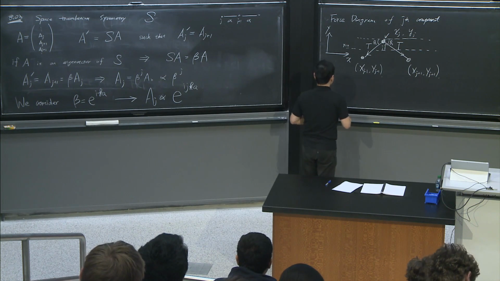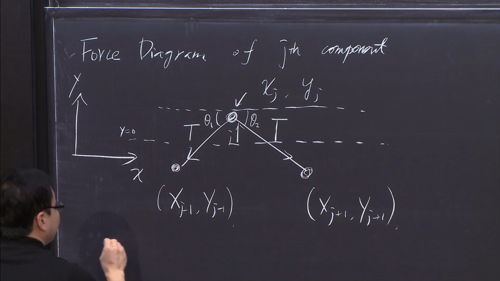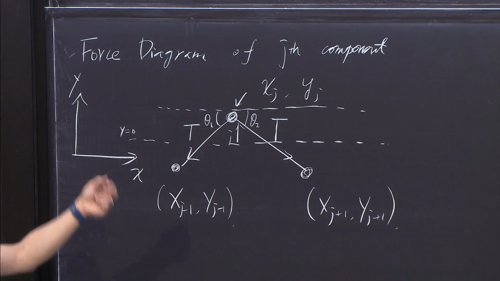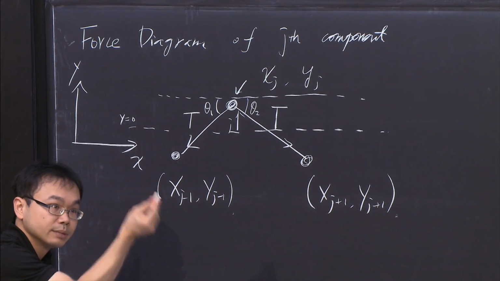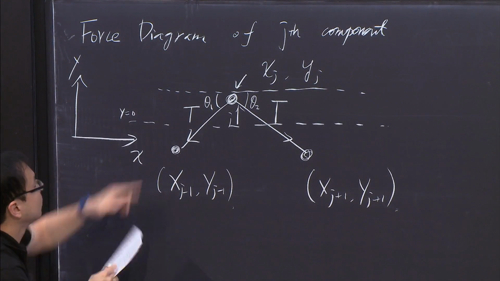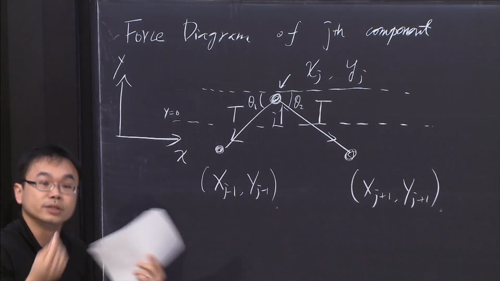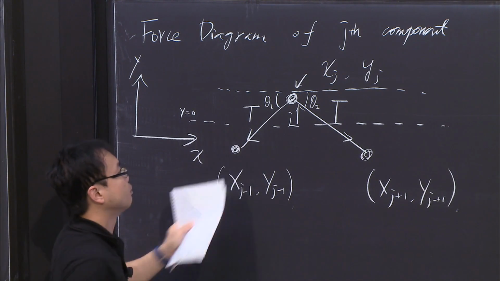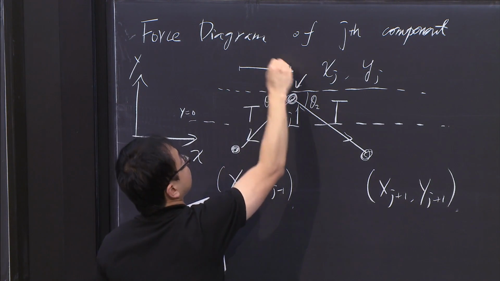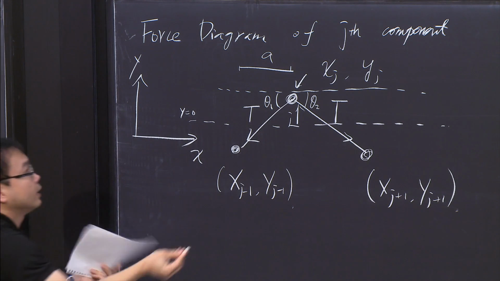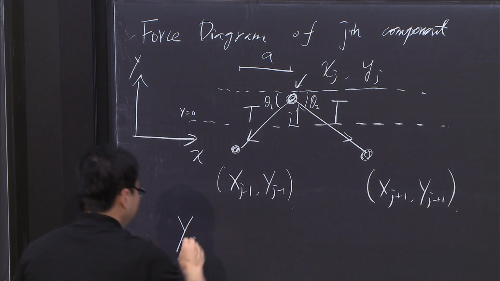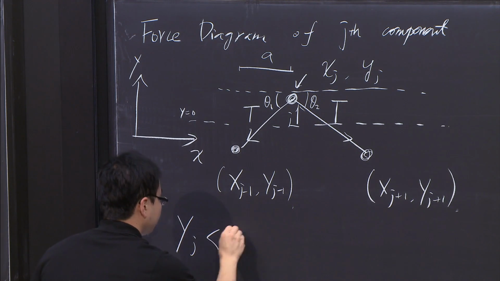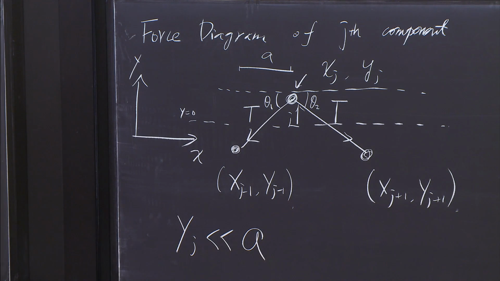Since I have assumed that all those masses can only move up and down, and the displacement with respect to the equilibrium position, y equal to 0, is really small compared to the length scale a, I can write that condition explicitly: yj is much, much smaller than a, which is the distance between those masses.